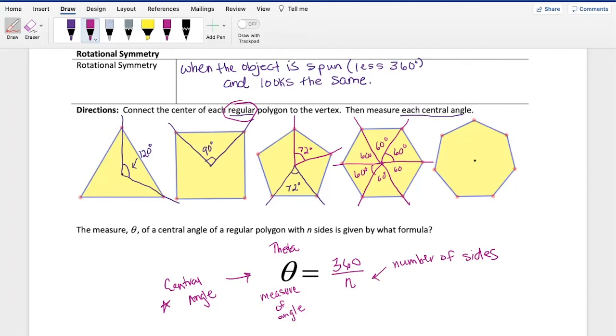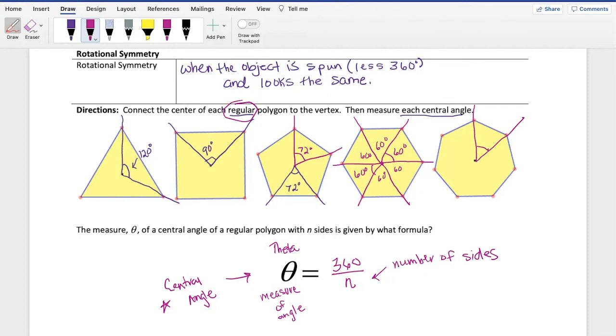And if we get to our last one, because this one would have been pretty hard to do with your protractor. Actually get a decimal here. On our heptagon, we have 7 sides here. And if you were to try to measure this with a protractor, you'll probably get somewhere around 51 and 52.